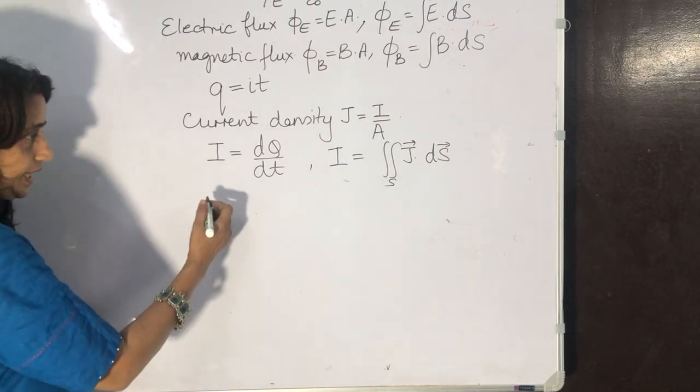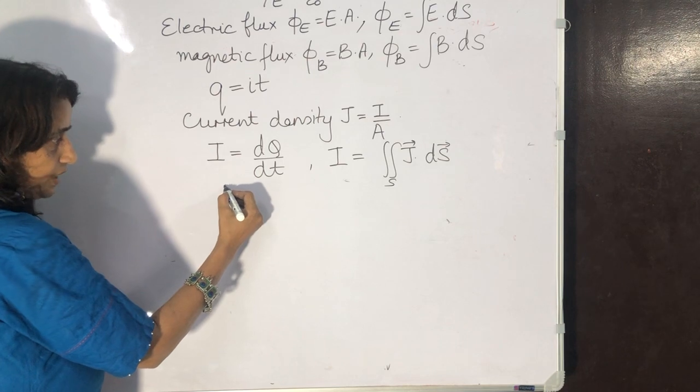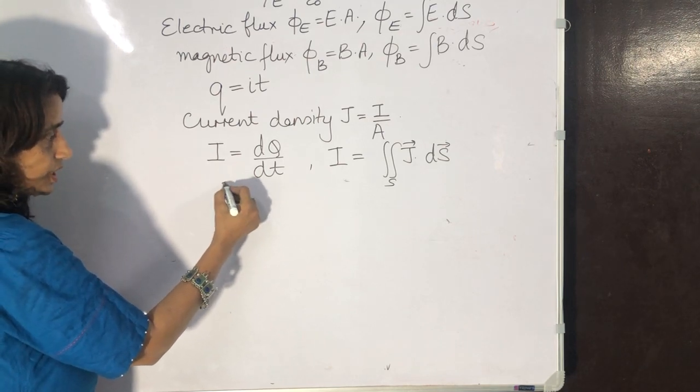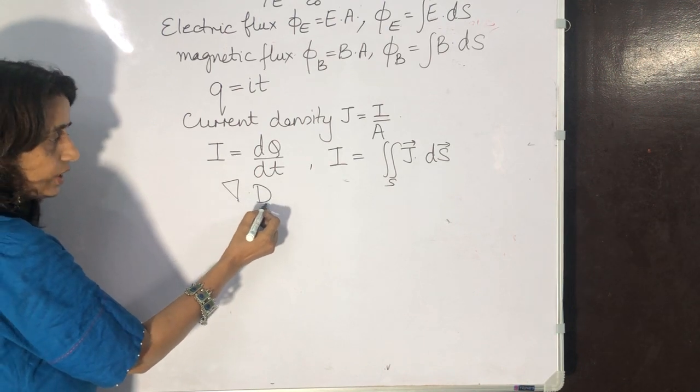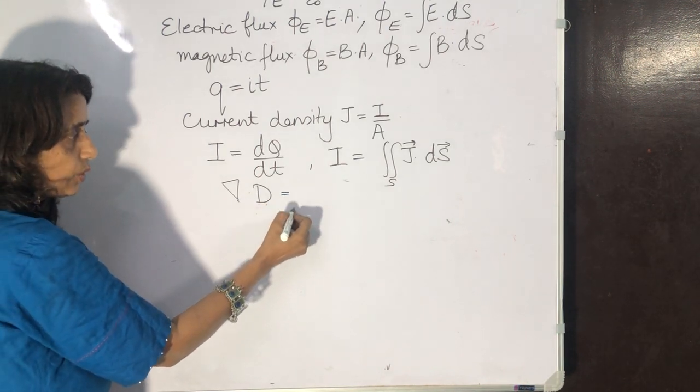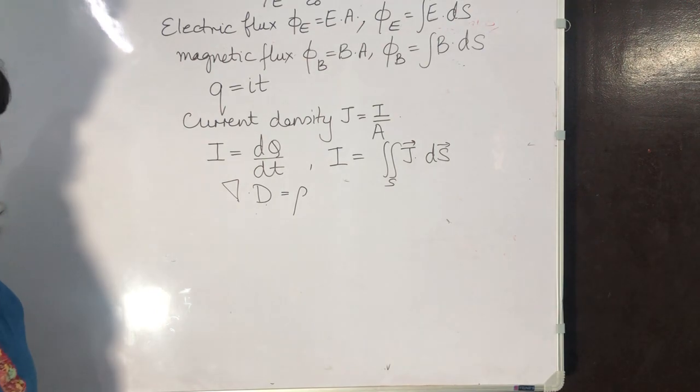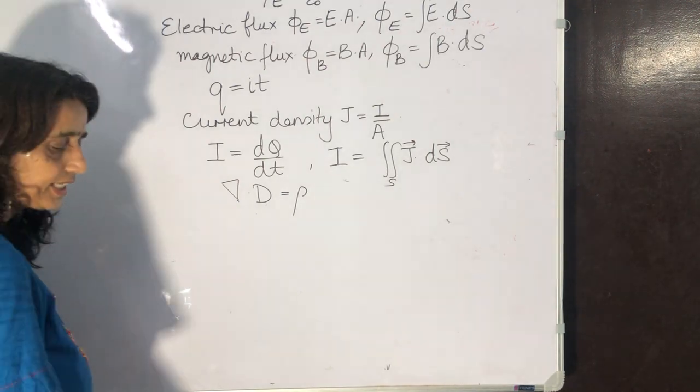Then Gauss law of electrostatics or Maxwell's first equation, del dot D equals rho. This del symbol, I'll just tell you, D is the electric displacement vector dependent upon the charge density rho.